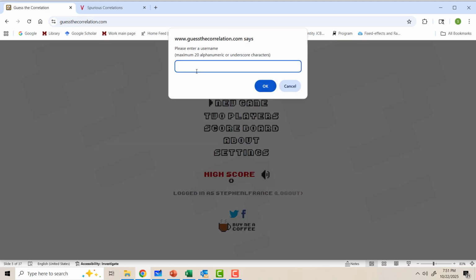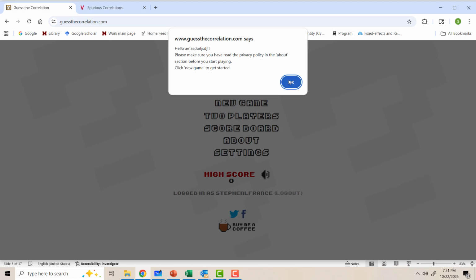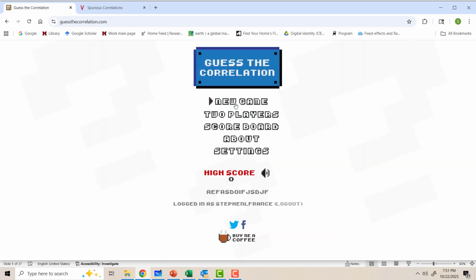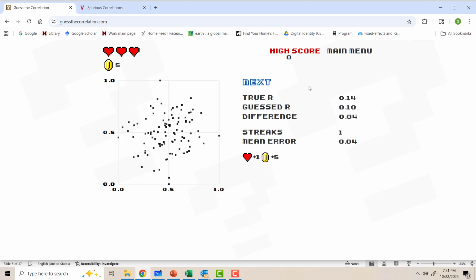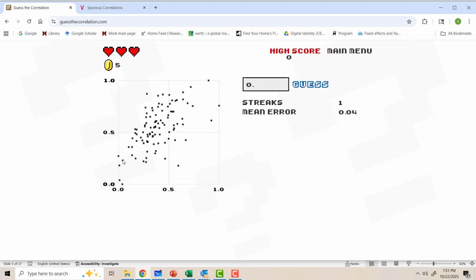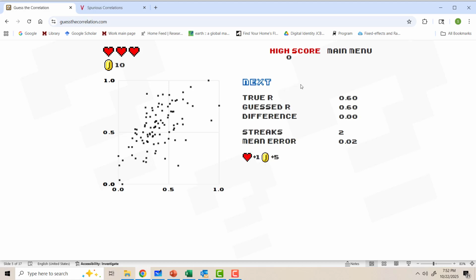I'm going to guess this one is probably virtually 0. Here we go, 0.14. This was difficult because it's got a few outliers, but I'm going to guess it's still a reasonable correlation.